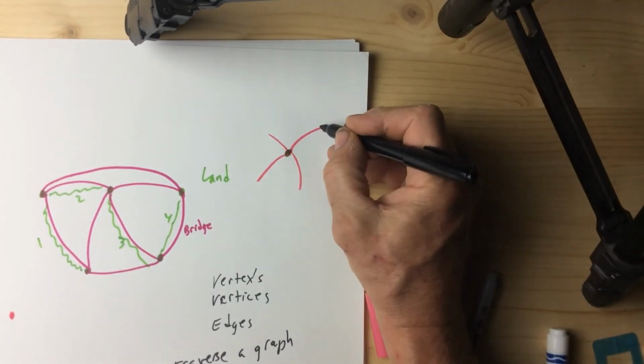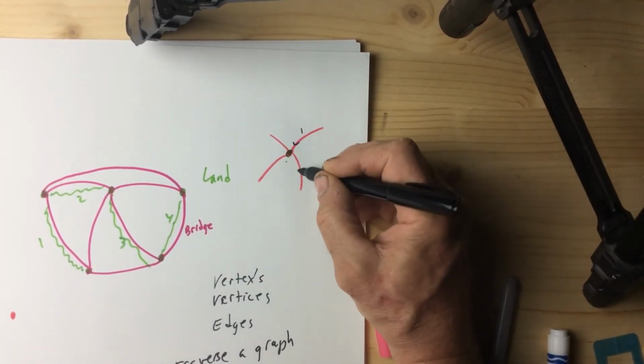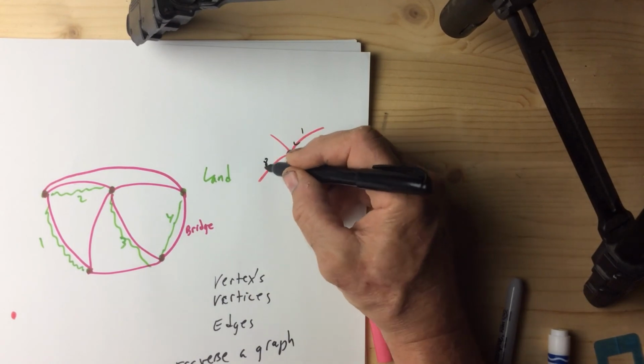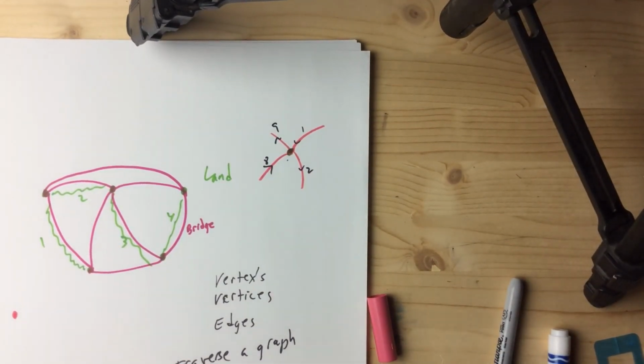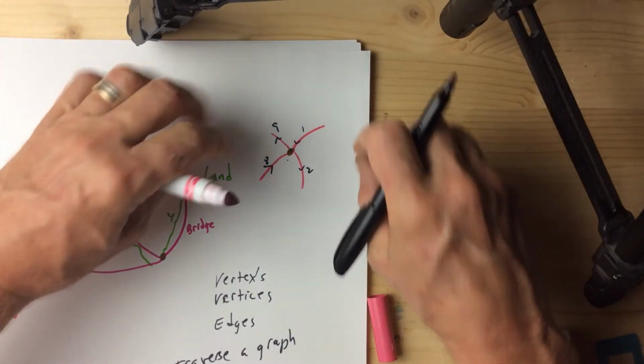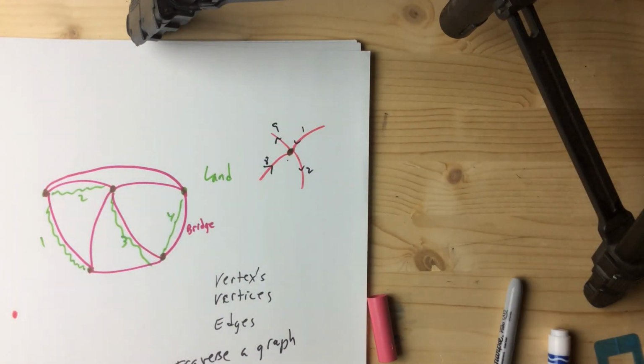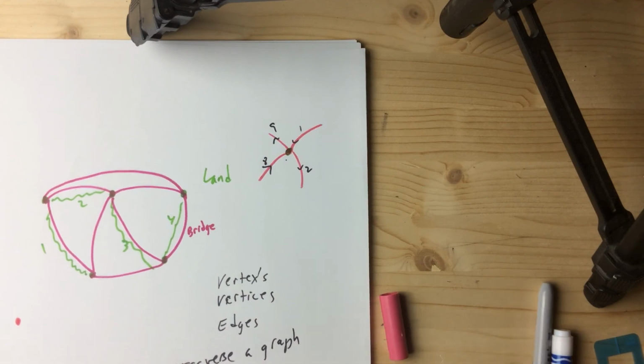It's very possible that a route would come in and then leave, and much later come in and leave. But notice, in order to be going around and return back home, wherever it is, you go in and out of a vertex. So what Euler discovered is Euler's theorem.